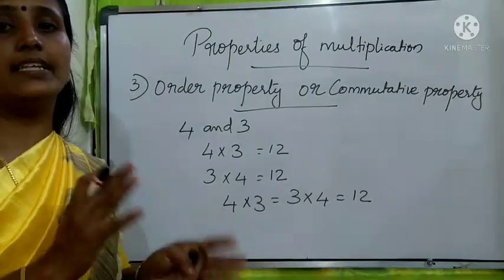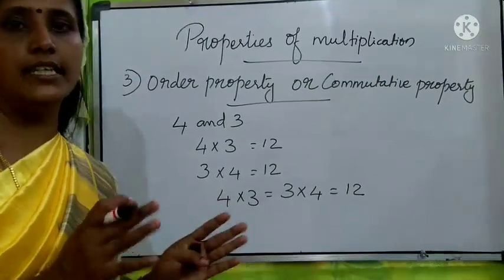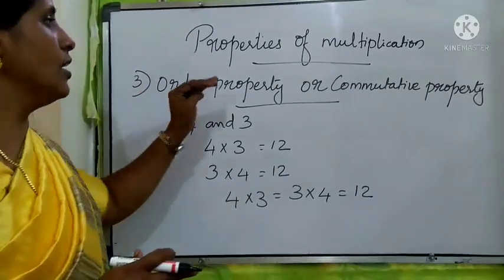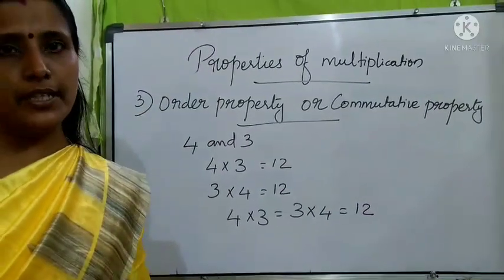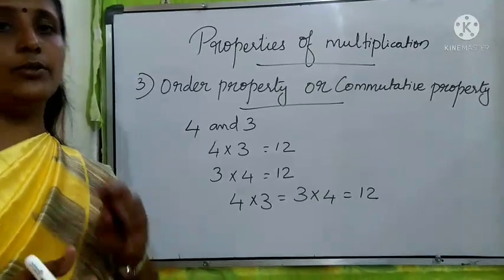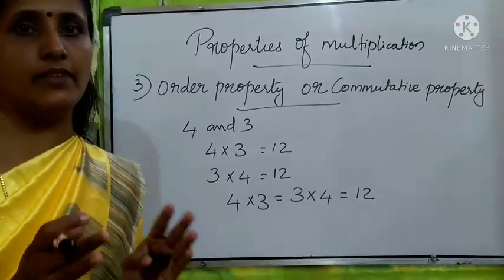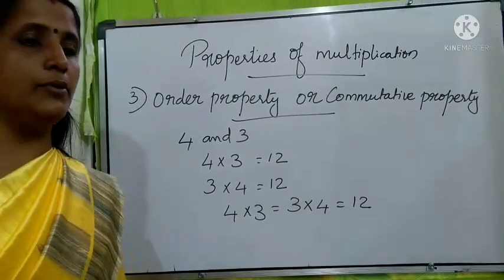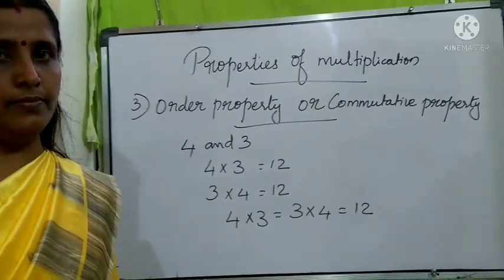So there is no change in the answer when we change the order of the numbers. Understand? That property is known as the order property or commutative property. Then move to the next property.